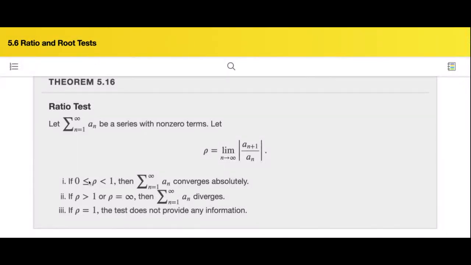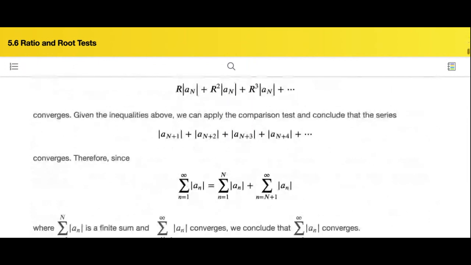For us, we didn't use absolute value because we have all positive terms. The absolute value sign means we can deal with alternating series, right? Sometimes we get an alternating series, we can put the absolute value sign. So by the first one, this series converges.